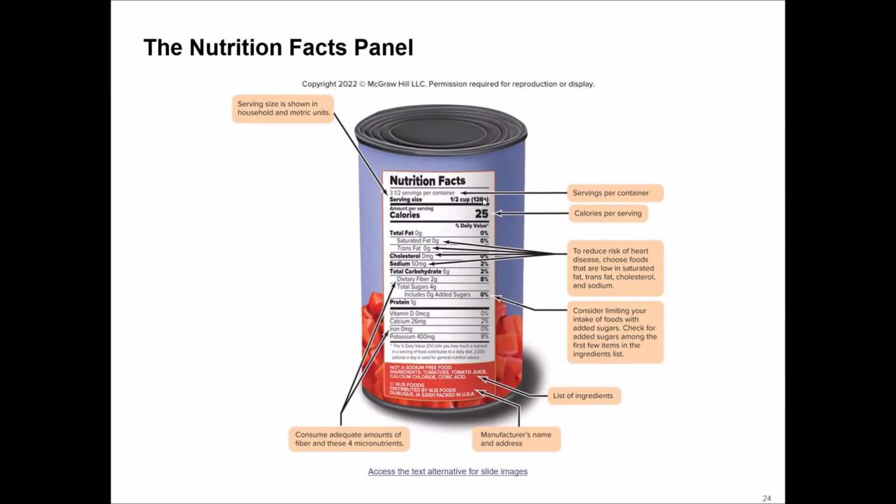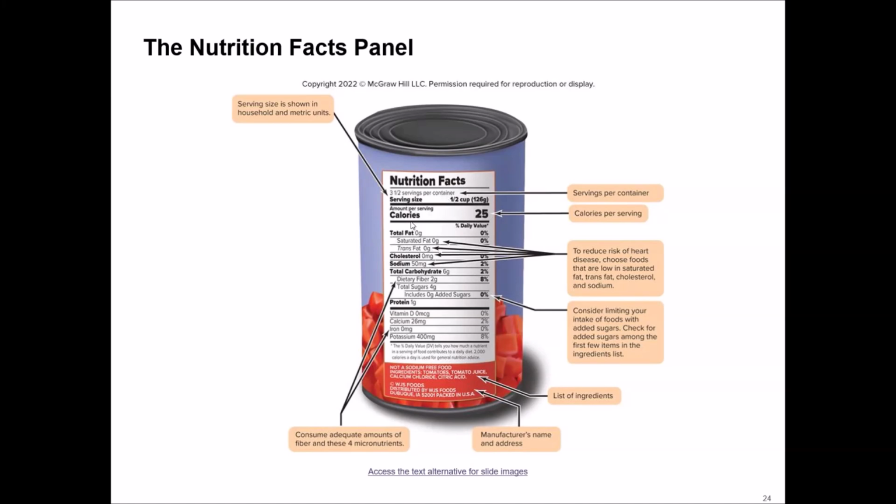They also try to give that to you in metric, which is 126 grams. So a 1/2 cup is a serving size, and then the calories here is in bold, and that's important information. That's the caloric energy value there, 25 calories. But notice the 25 calories is per serving.